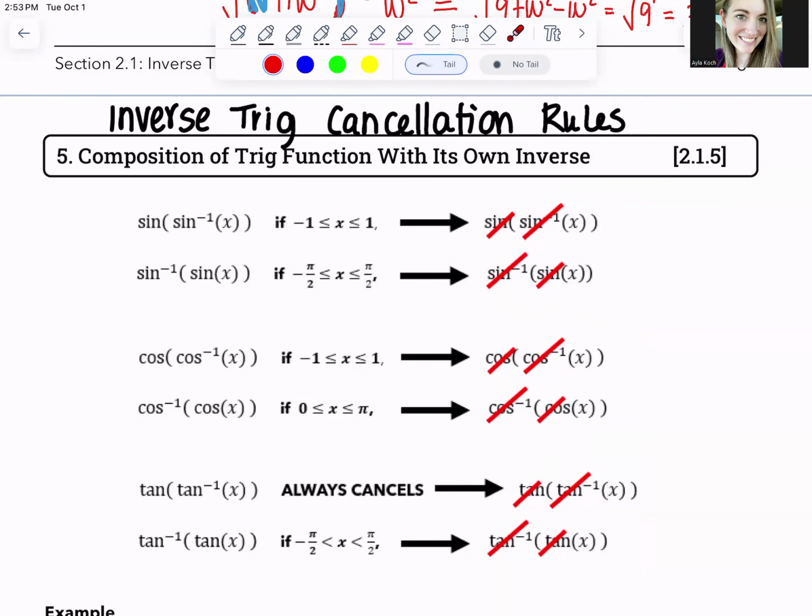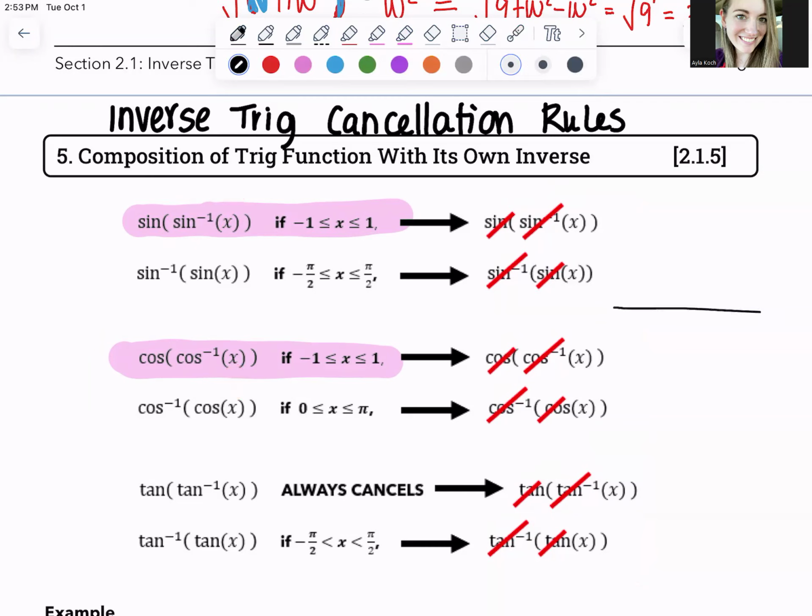So first things first, I want to talk about these guys right here. If you have the inverse function on the inside, and as long as the value going into this is a reasonable value, it cancels. If you look at the unit circle, the x values go from -1 to 1.